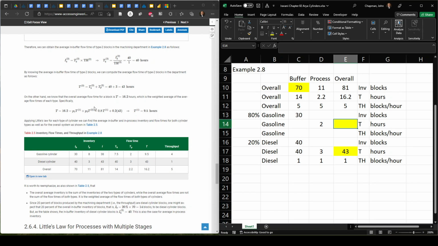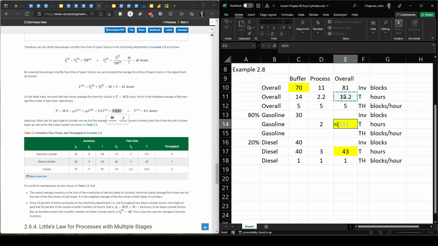What we're doing here is we're solving this equation. So 16.2 is equal to 0.8 of this T1, which we're solving for, plus 0.2, which is 20%, of the 43 here. So we can do that by using this kind of formula.